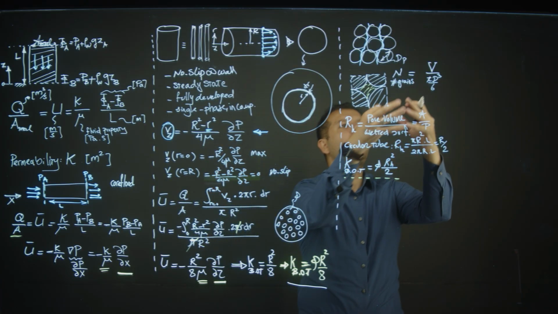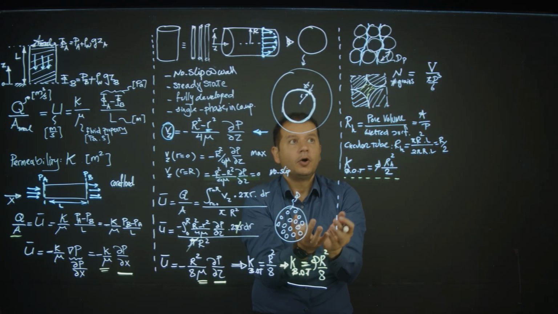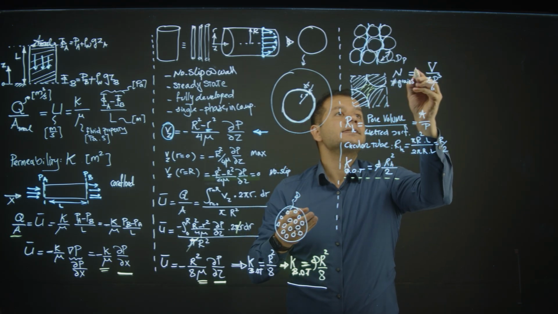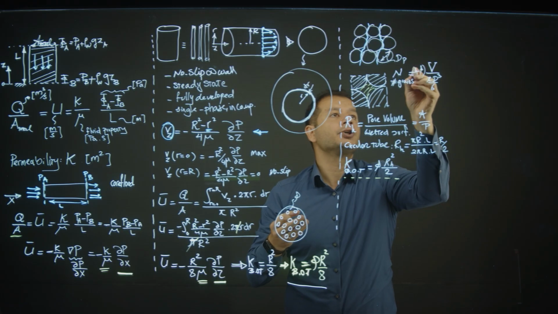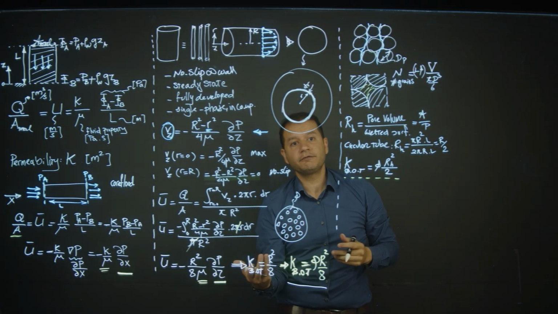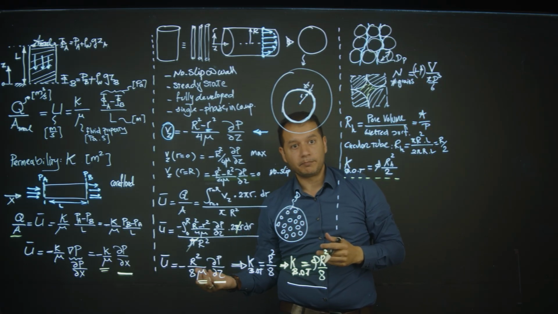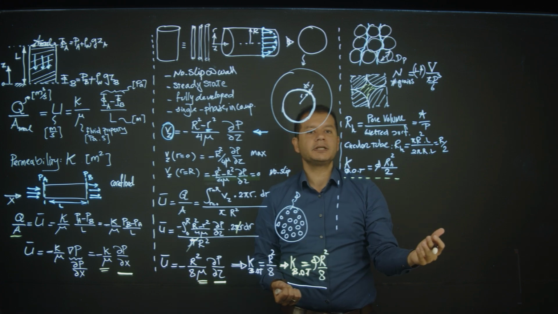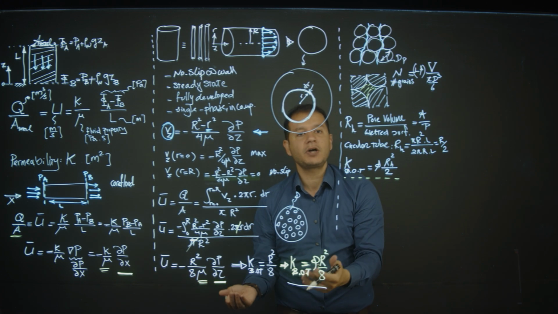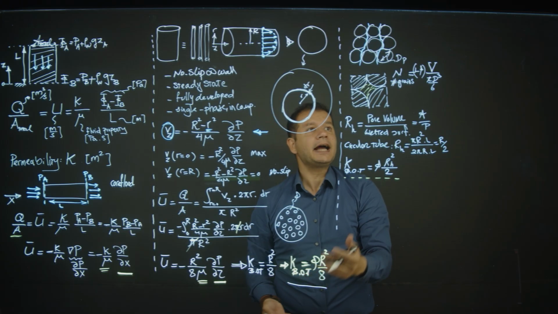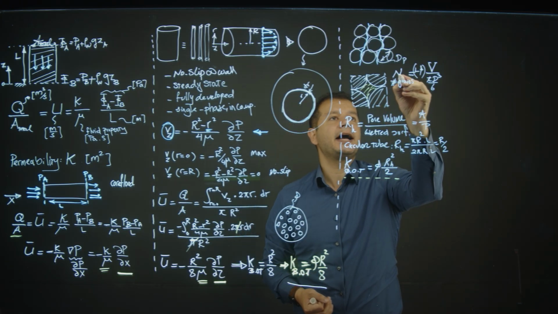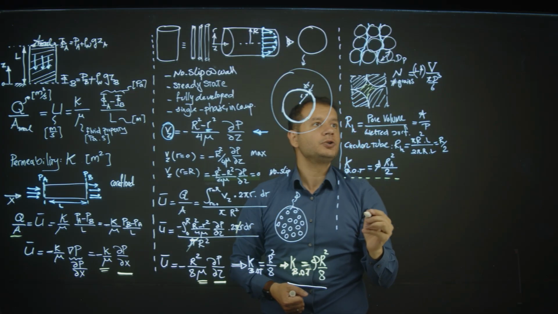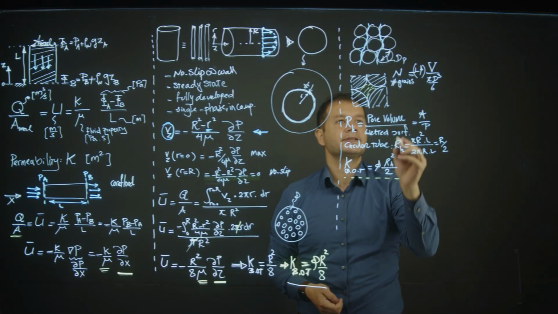But the entire volume is not solid. Only 1 minus porosity fraction of it is solid, because porosity is the volume fraction of the pore fluid, so 1 minus porosity is the fraction of the solid. Now this is the number of grains that I have, and so I can get the surface.